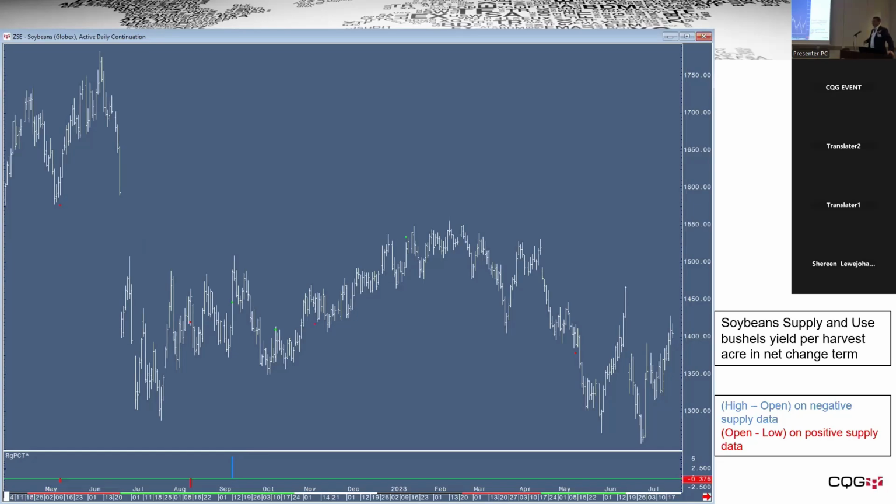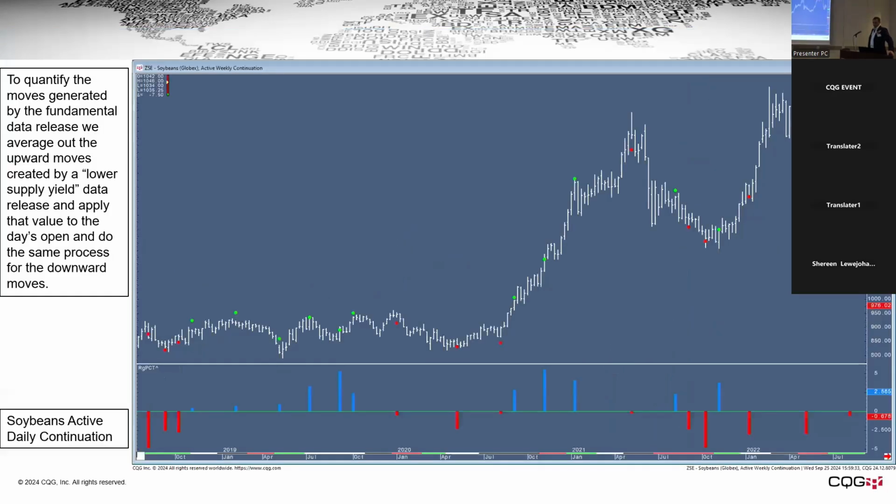So we eliminate the noise of the gap between the previous day close and daily open. And just to show how it shows itself onto a chart, we get the red dots showing the average of that data and the green dots for the positive.